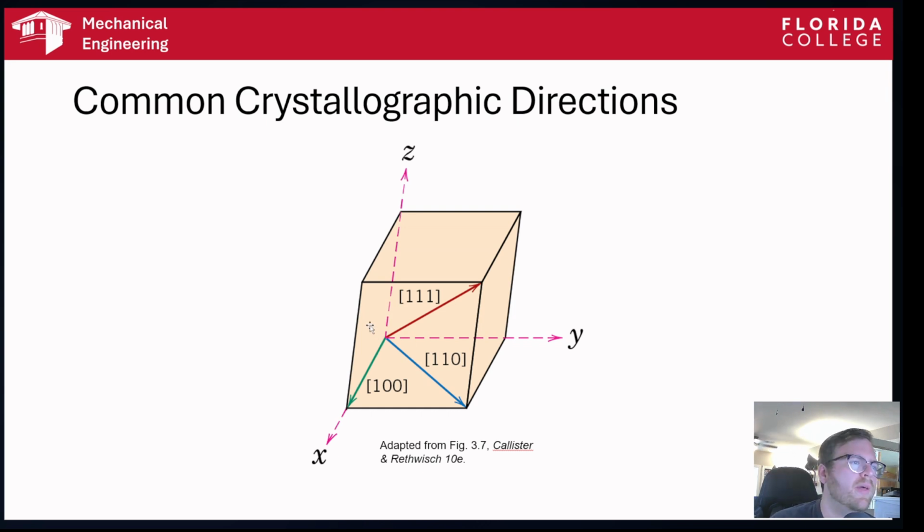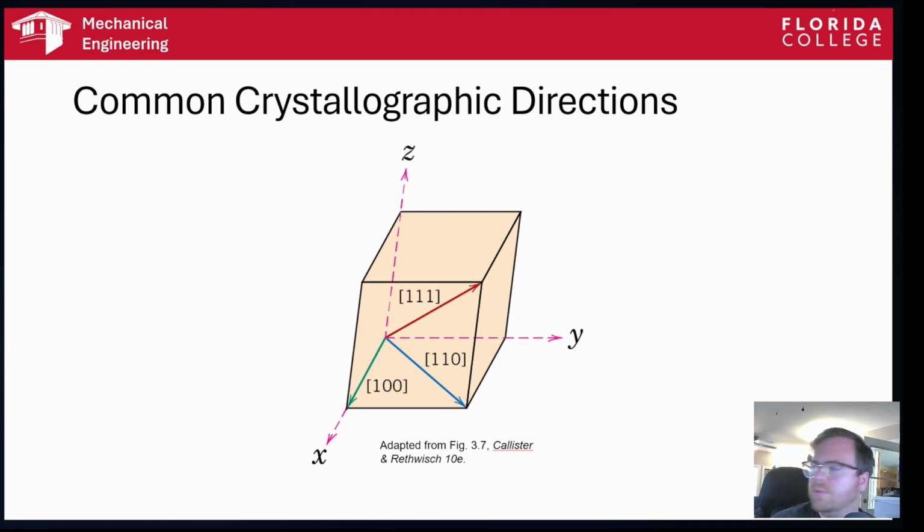And if, for example, we have a crystallographic direction that's negative, we usually want to think about it in terms of starting from another unit cell and working our way towards the origin. Because these crystallographic directions are the same throughout all unit cells, you could be starting over here.